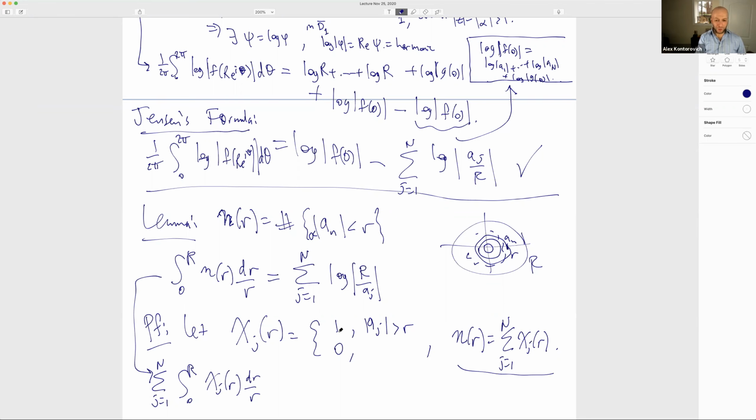But this is 0 or 1. It starts becoming 1 as soon as r is bigger than a j. So this is actually an integral from a j to r of 1 dr over r, which of course is a log. And the endpoints of the log tell me what they are. Does that make sense?